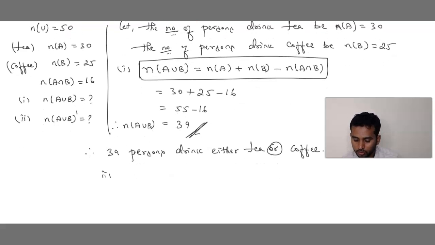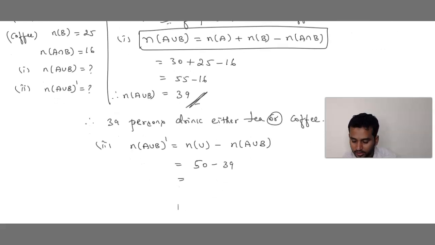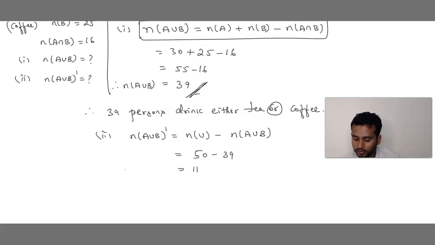Correct? Next, option 2. What should we find? n of (A union B) whole transpose. The formula is n of U minus n of A union B. What is n of U? 50. Minus n of A union B, 39. 50 minus 39 is 11.